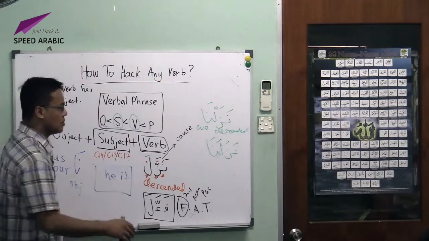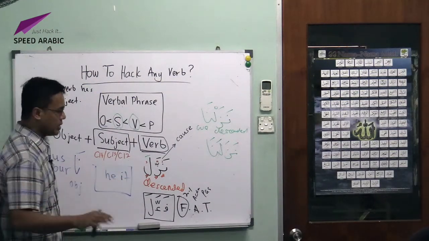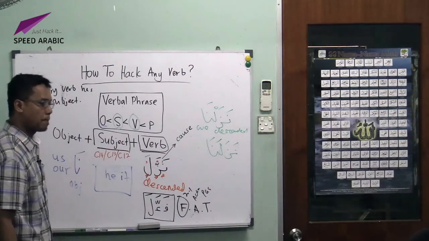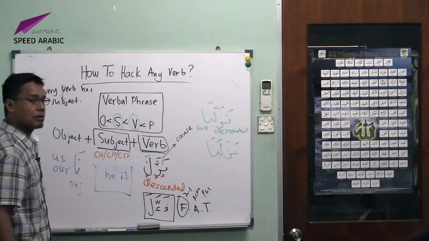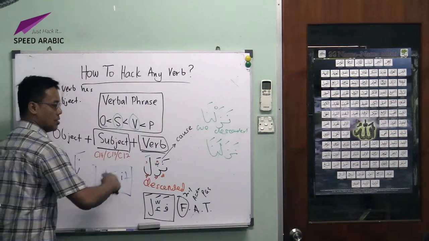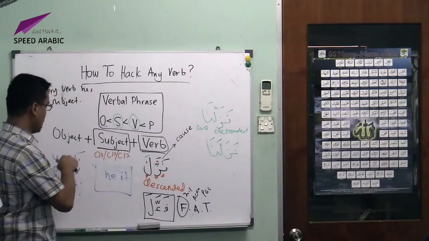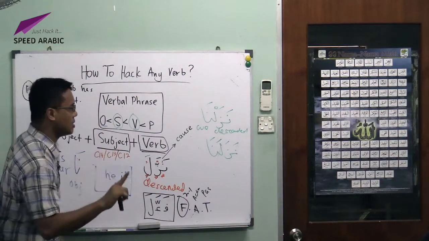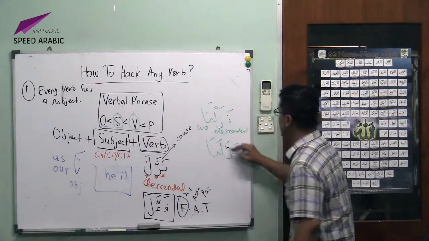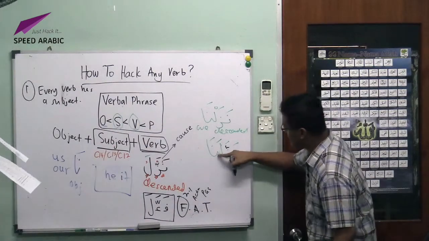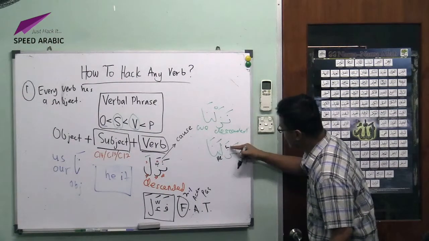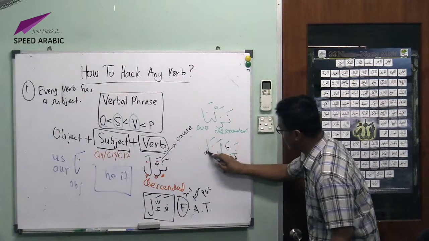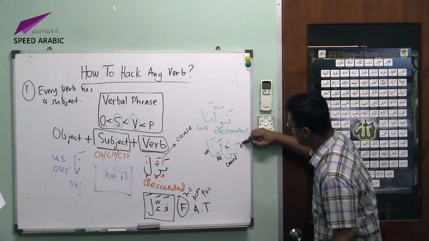Alright, now once you are okay with that, what's the meaning of nazzalana? He caused us to descend. So nazzalana: he, which is inside here, and this one is caused, this one is us, nazala is descend.